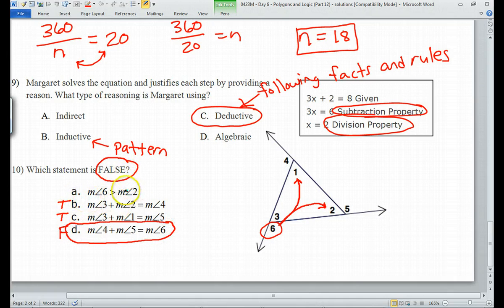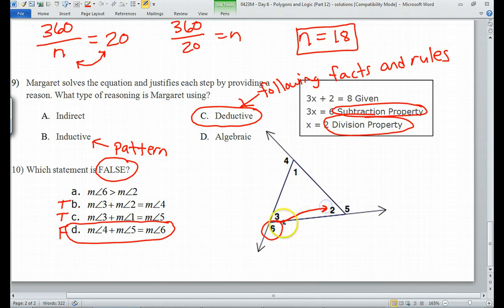Now we haven't looked at A yet, so let's look at it now. Let's see. Angle 6 is the exterior angle. So the question is, is that bigger than angle 2?